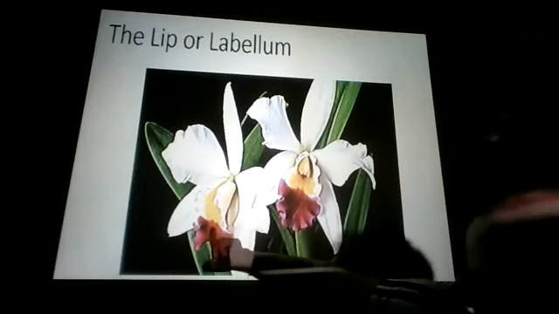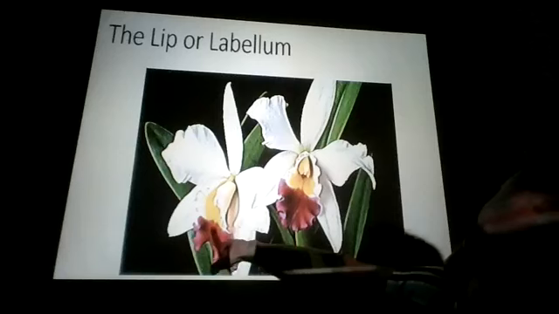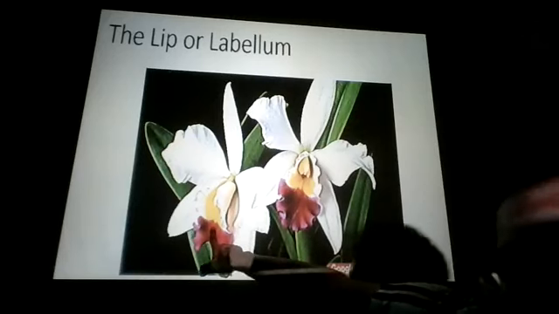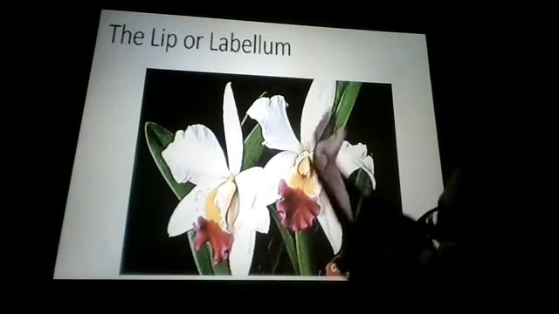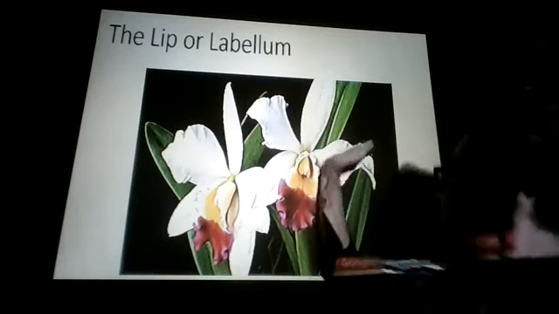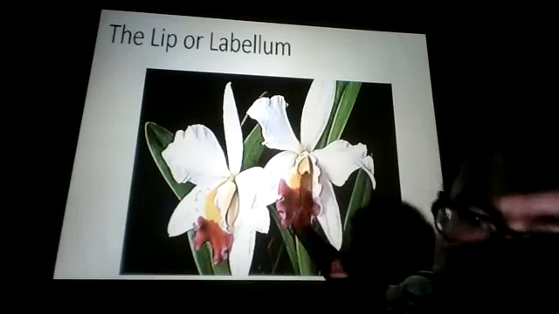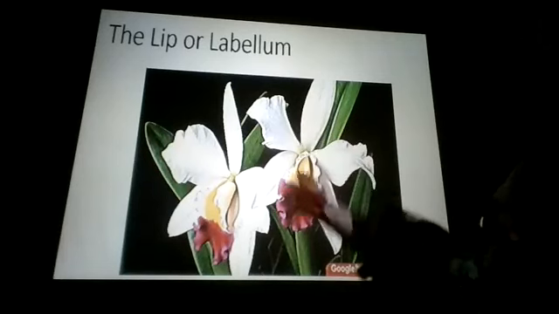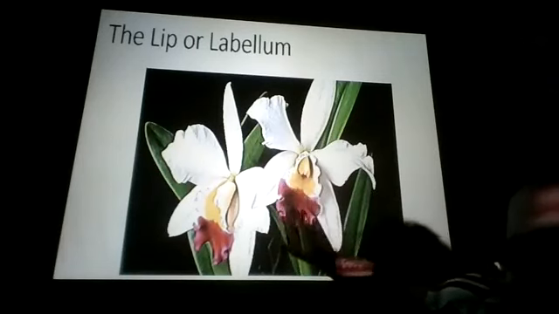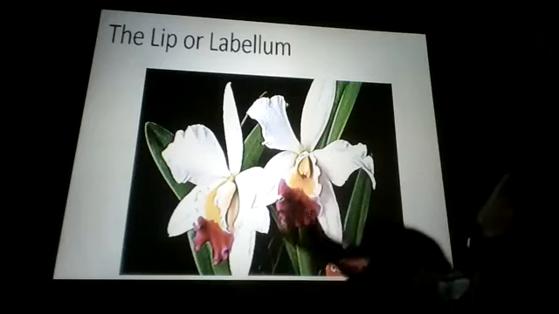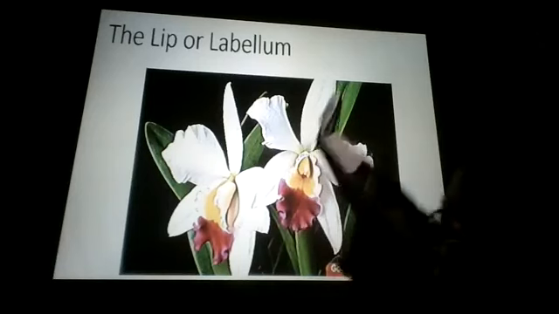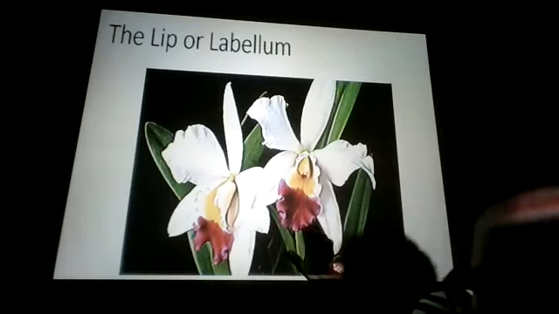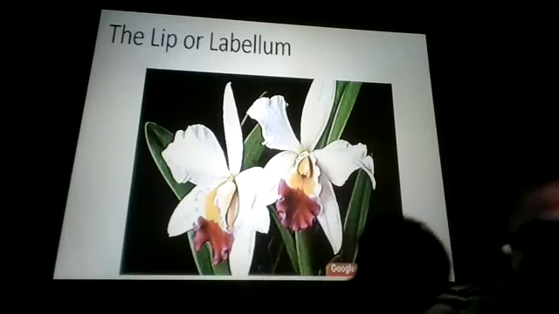But with this lip here, you force it to only have bilateral symmetry, because it doesn't work this way and it doesn't work this way. It only works if you cut it right in the middle, and in most orchids the lip is down, so this looks down and this is up, and that's how we determine bilateral symmetry, because we look at it up and down.